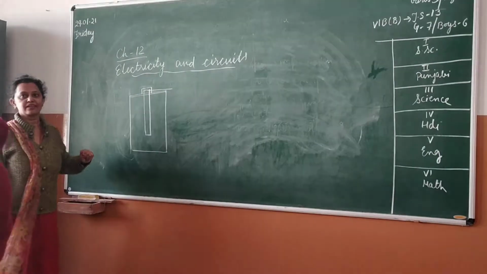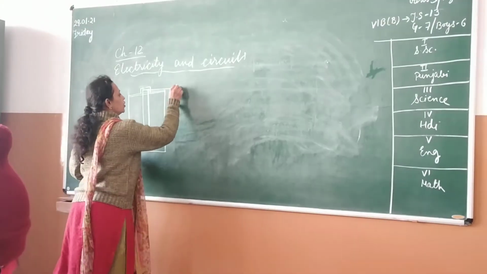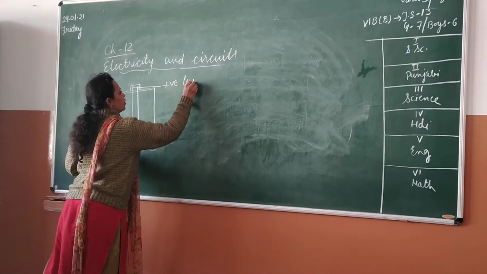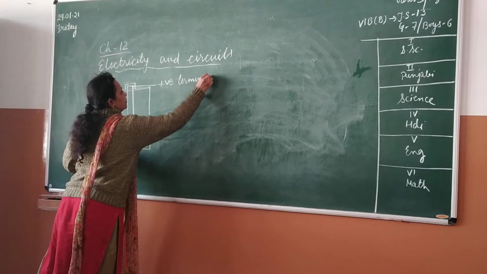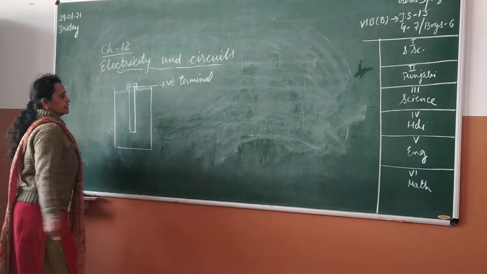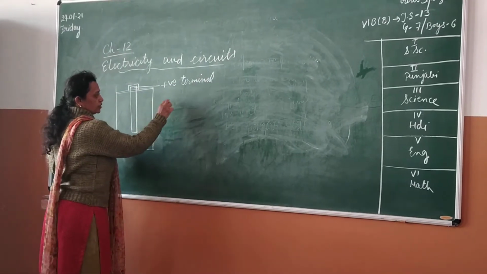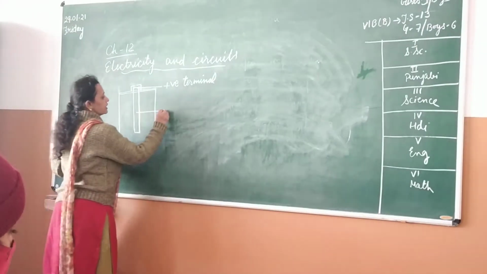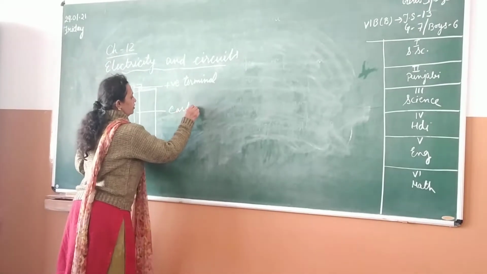Positive terminal. The tip of the carbon rod acts as the positive terminal, and this is the metallic container, and the center of it has the carbon rod.